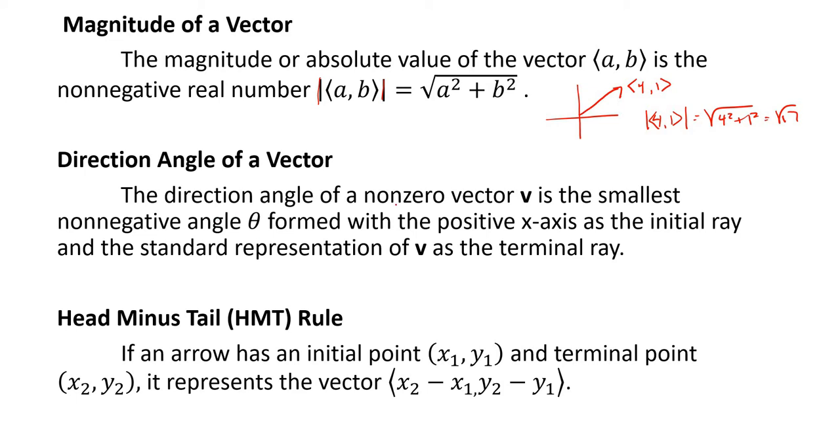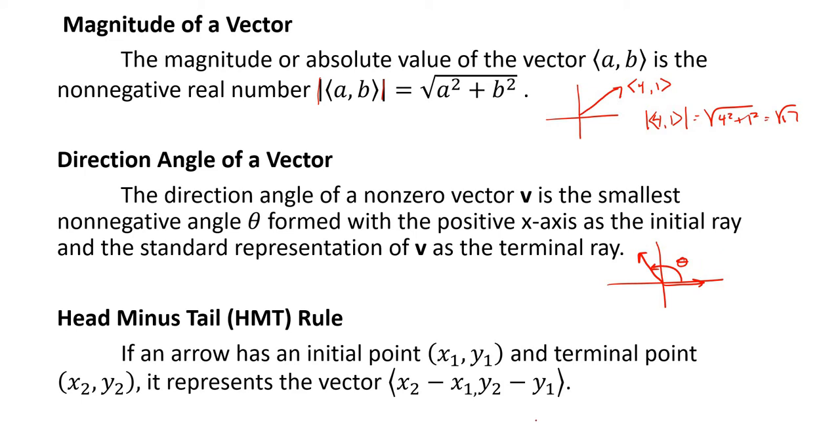The direction angle of a non-zero vector V is the smallest non-negative angle formed with the positive x-axis. I have a vector here, positive x-axis as the initial ray, and the standard representation of V as the terminal. So this theta would be my direction angle of this vector.